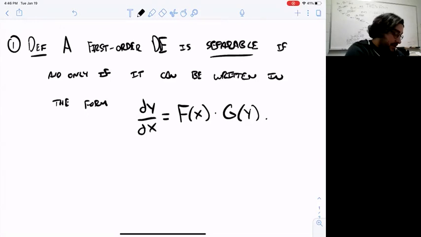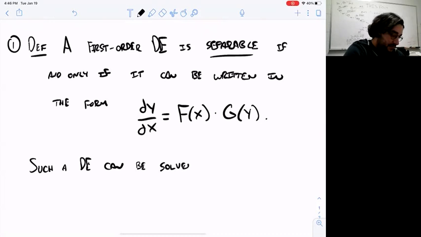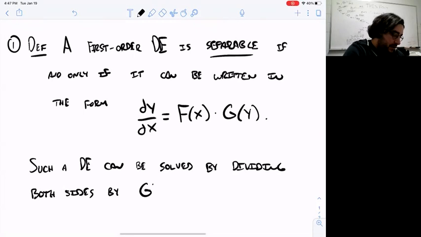Such a differential equation can be solved basically by integrating both sides. All you have to do is divide both sides by g of y and integrate both sides with respect to x.